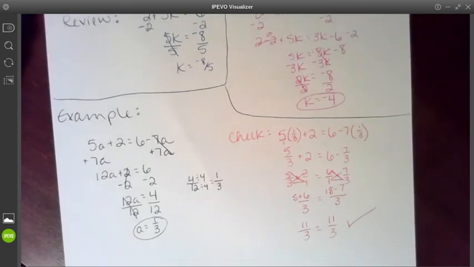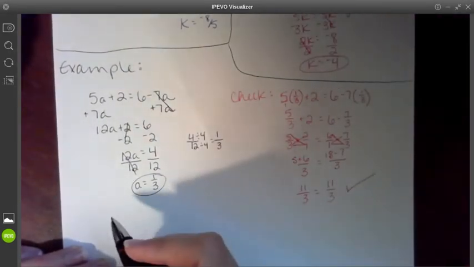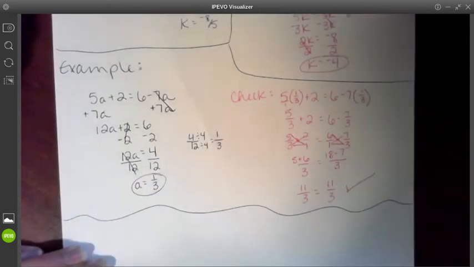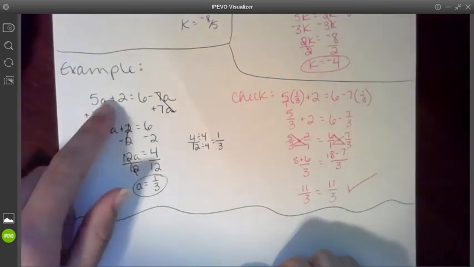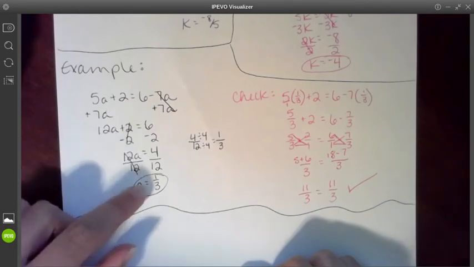Awesome. It worked. Looks good. So that's what we're doing with variables on both sides. We just need to treat those variables like we have been treating just normal numbers and putting them to one side so we can get our variable alone.